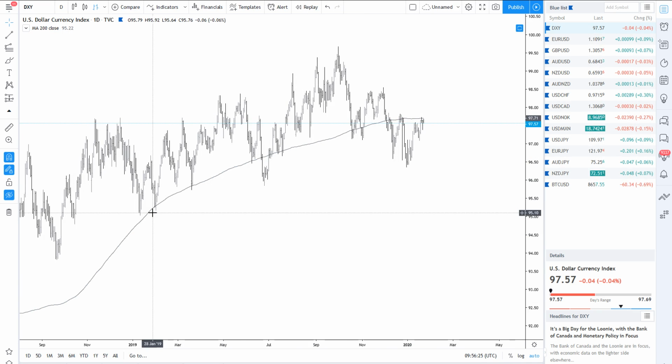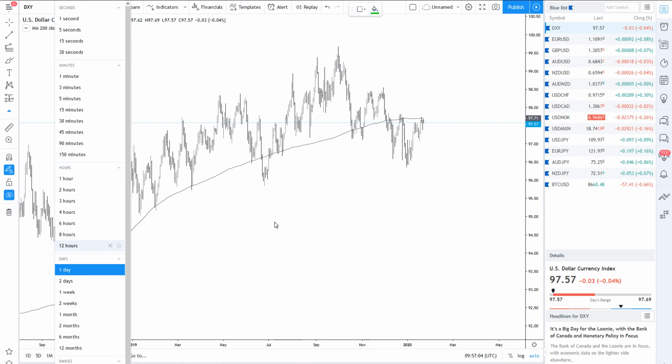As you can see, the market has respected that moving average multiple times, including these inverted head and shoulders here, with the moving average well supporting those shoulders there. So let's pay attention on a daily time frame to that moving average approaching from above.